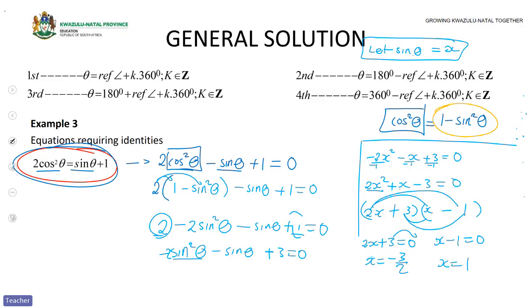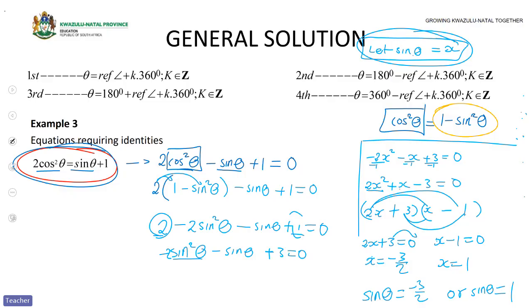Remember, we are not just looking at x, we said our x is equal to sine. So now we can replace x: sine theta equals negative 3 over 2, or sine theta equals 1. So those will be our values.